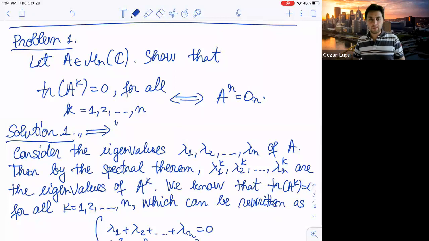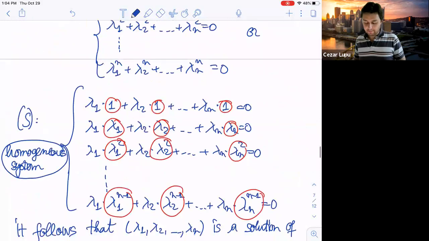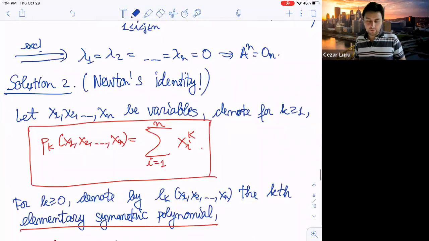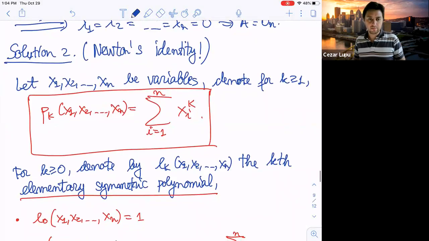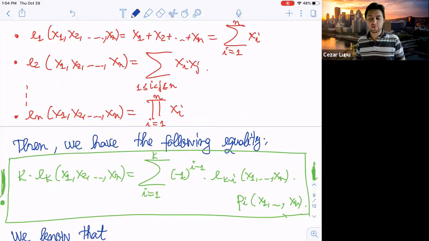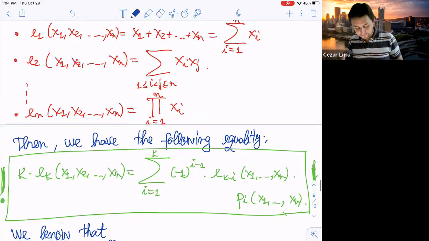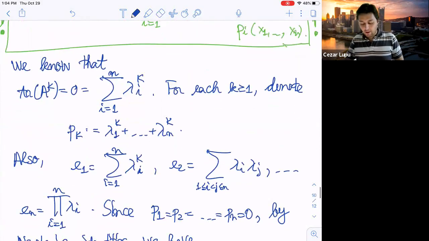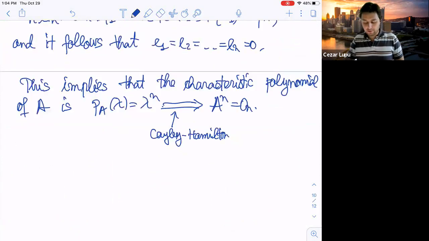If you look at it, it's if and only if, and we proved that in two ways. I would like you to take into account these Newton's identities. In fact, we'll do another problem today using this. So we proved this.